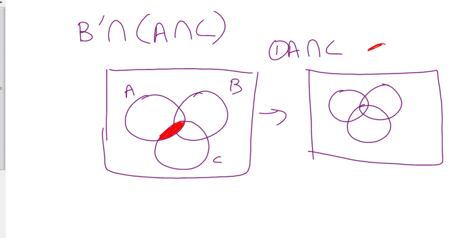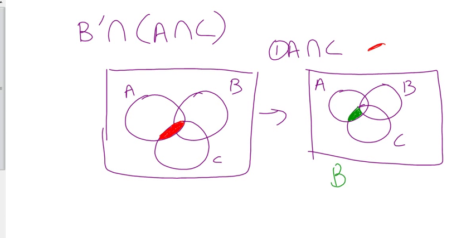All right, so then all we're going to be left with is this here. So it's the intersection of the red with the part that's not B, which means we take out this little chunk here because that's where B is, right? So it's A intersect C, intersecting with not B, which means we need to take out that piece. Okay, so that's the final.